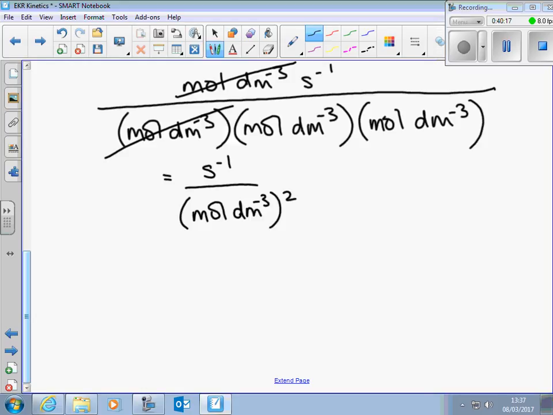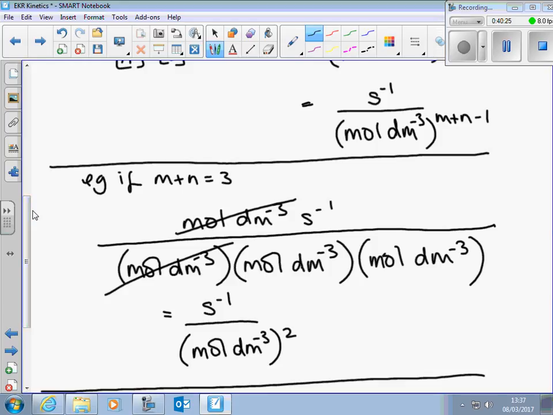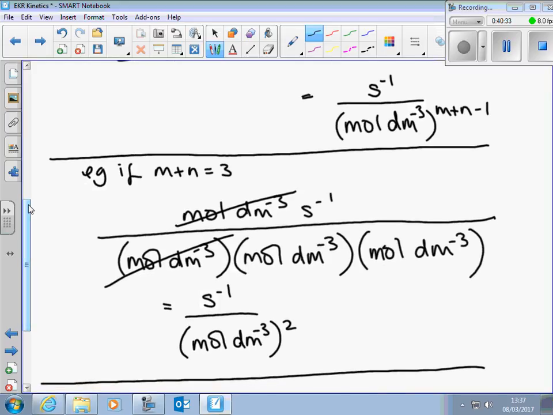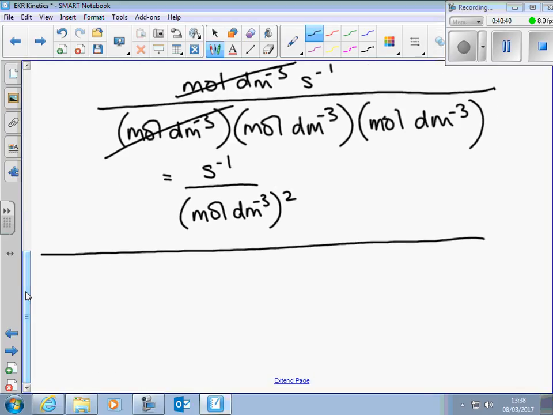So that's our 3 minus 1. Good. Right. So that up there, seconds to the minus 1 multiplied by that lot underneath, or divided by that, although ultimately we will bring it to the top, is going to be a little tricky to work out. So let's have some examples.